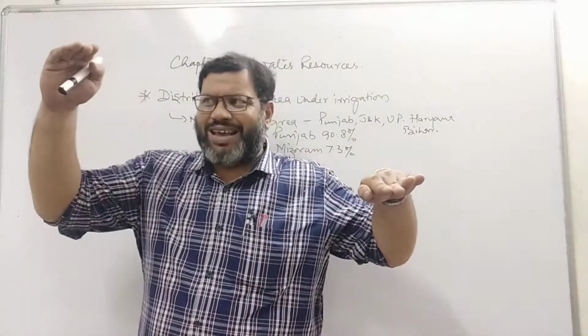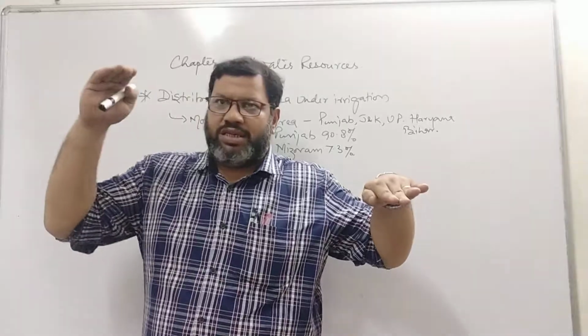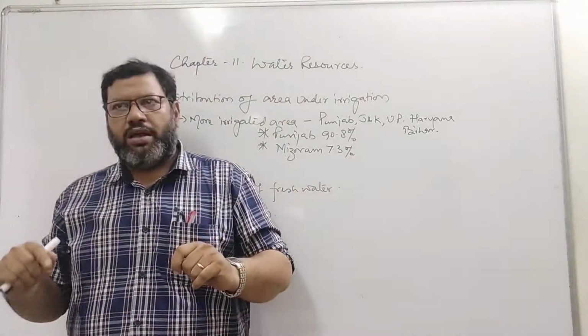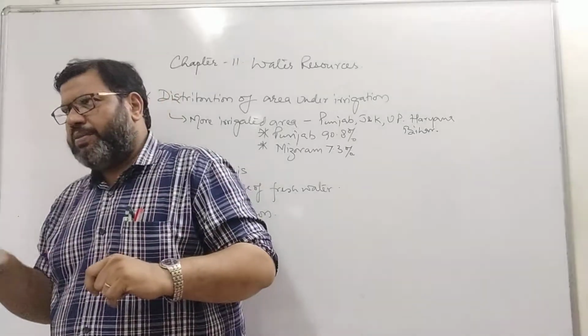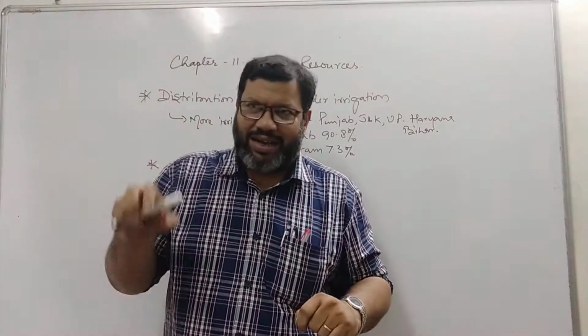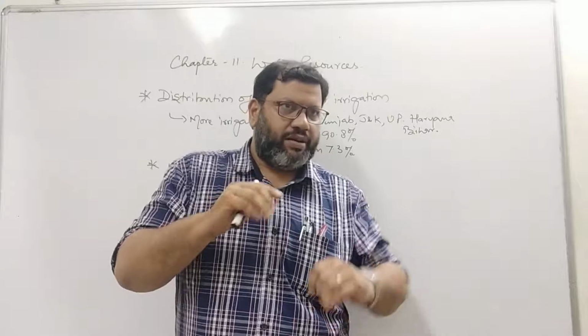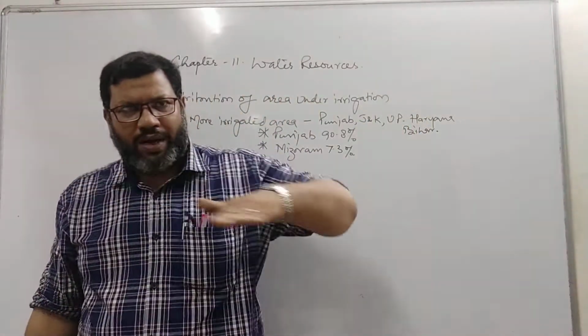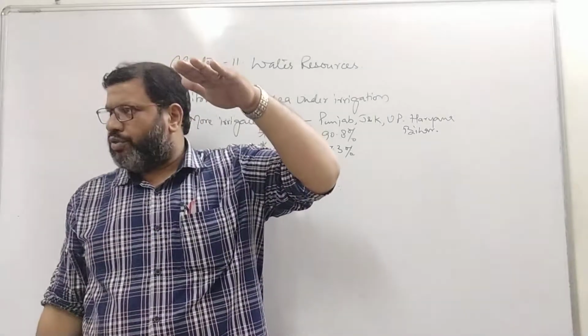And the upper baseline we have is 90.8, which we have just talked about. Punjab has the maximum irrigation availability in a state-wise category, 90.8. So when I'm talking about those 5 states, we have a lower limit and a higher limit both.